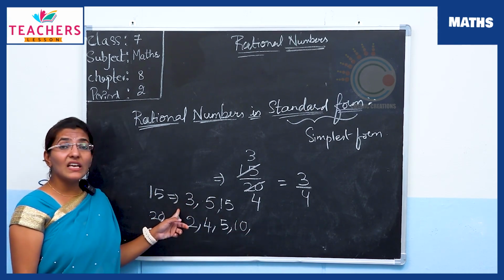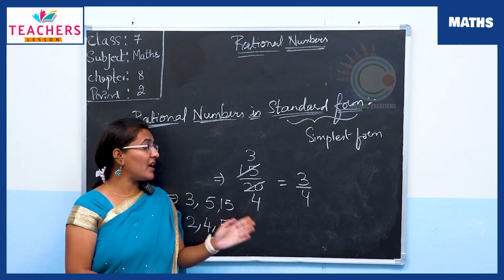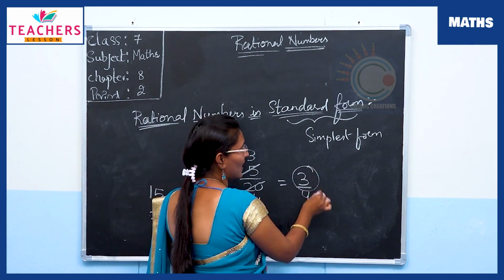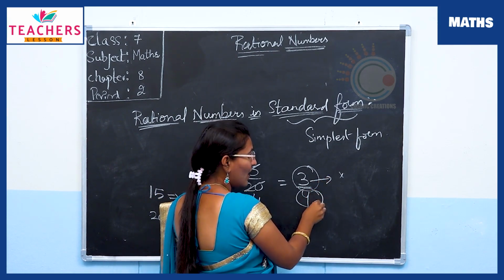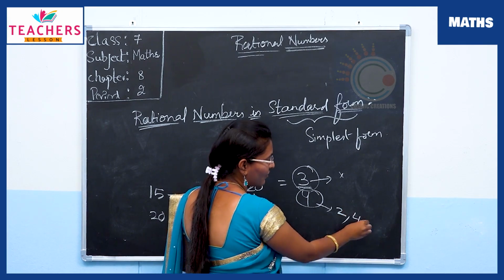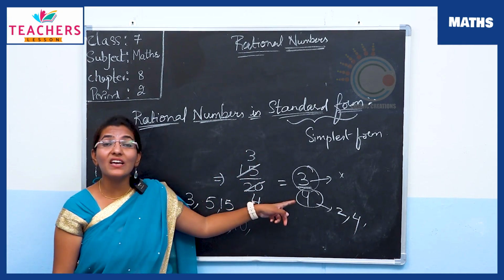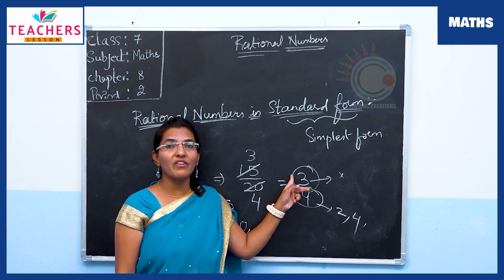That means, these are the numbers which have more than one common factor, isn't it? Right. But when you see the numbers 3 and 4, does 3 have a common factor? No. But 4 has a factor, that is 2, and also, yes, I can write 4, right? So, here the denominator has more than one factor, whereas the numerator does not. So, both should not have more than one factor.